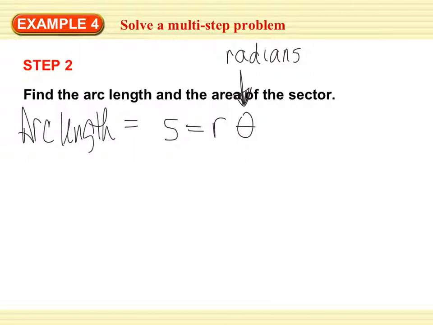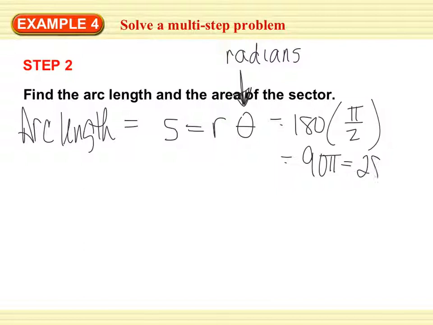For this problem, our radius is 180 and theta is pi over 2. When we do that math, we get about 90 pi, which equals about 283 feet. I need you to remember that.